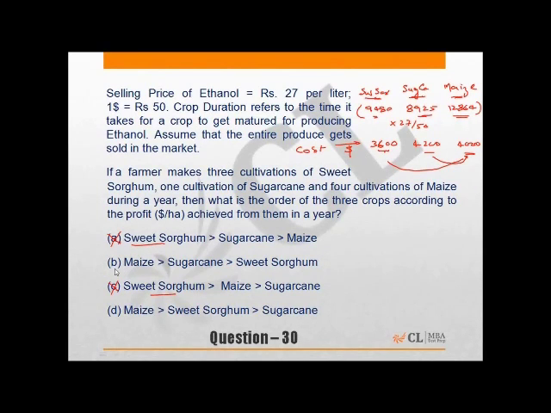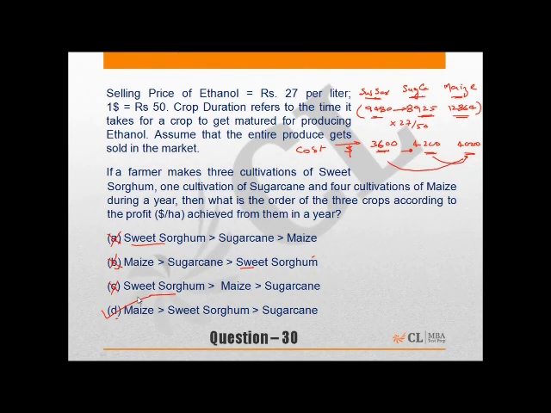My answer is either B or D. Now between sweet sorghum and sugarcane, let's compare them. It is 9480 into 27 by 50 minus 3600, and here 8925 versus this. Now the cost is higher and the sales value is lower, so obviously sugarcane has to be the least. Sugarcane is not the least in choice B, so this is also incorrect, and the correct answer is choice D.